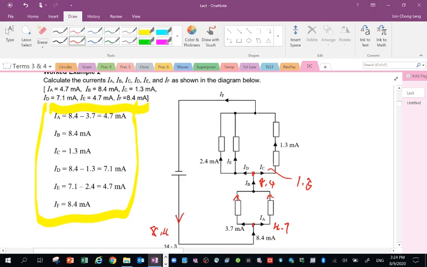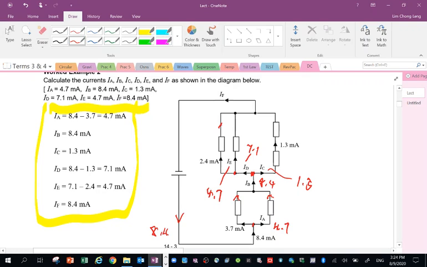If IC is 1.3, then I deduce that ID should be 7.1 because 7.1 plus 1.3 gives you 8.4, which is flowing into the junction. And then the 7.1 microampere current reaches a junction. It will split into 2.4 and 4.7, because 4.7 plus 2.4 gives you 7.1.